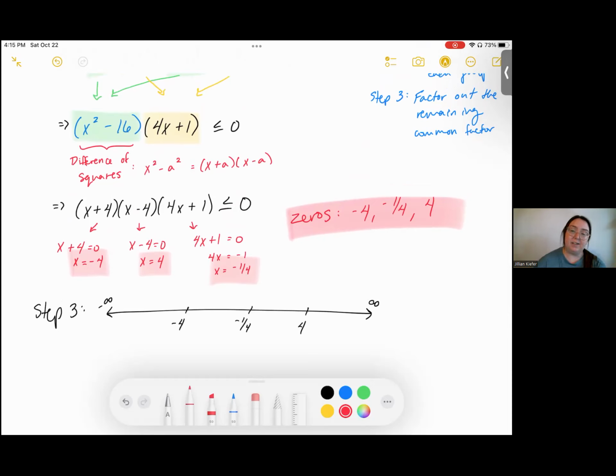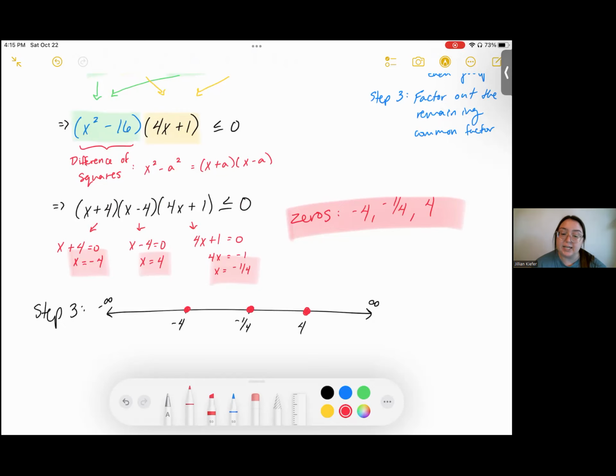This means that our function can be the value of zero because it's a non-strict inequality. It can be equal to 0. So that means that when you draw your number line and you write out all of your intervals, these points are included. So we would draw a filled in point at each one of these. And remember that filled in points correspond to brackets.